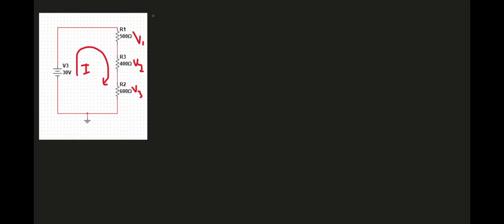So let's begin. First we need to find the total resistance. Because the resistors are in series, we use this formula right here. This is just the series equation. So the series law, we substitute these values in: 500 plus 400 plus 600.